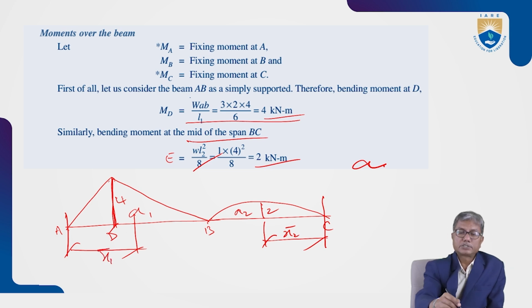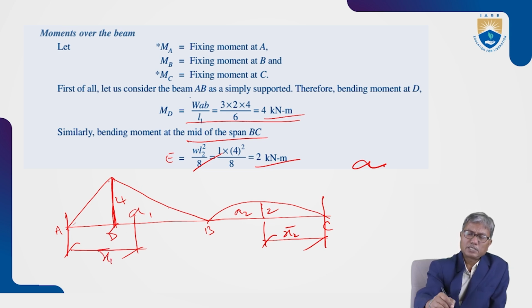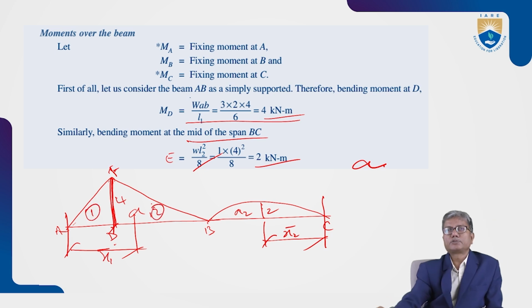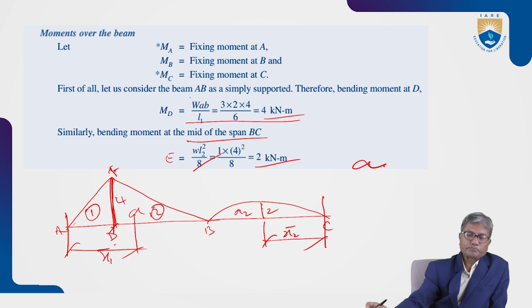In this particular case, we do not directly know the centroid of this triangle, so we split it into two triangles, ADF and DBF, and for each part we will find the moment.